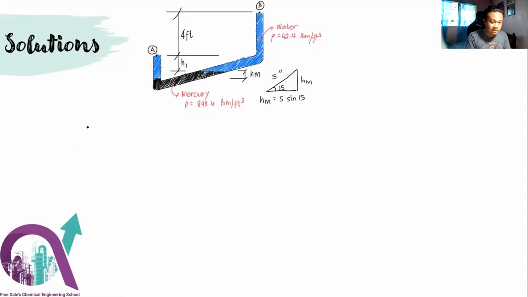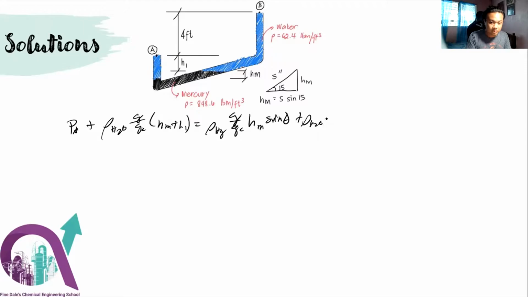So you have PA plus the density of water, and then we have specific gravity, H1, equal to rho HG G over GC, HM sine theta, so H2O, that's the density of water, G over GC, 4 plus H1 plus PB.